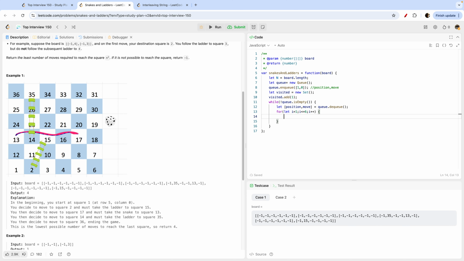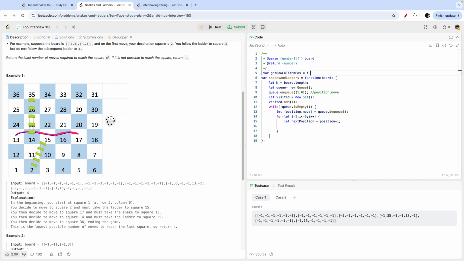Okay, so what will be the next position? So next position would be current position plus i. Okay, so let's declare the method over here, get row column from position.